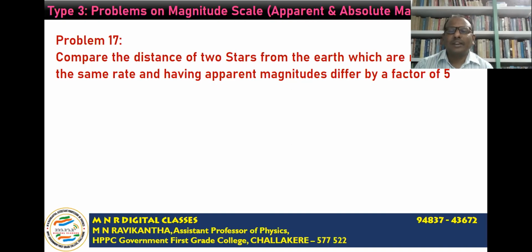That is M2 minus M1 is equal to 5, L1 is equal to L2. We have to find D1 by D2. Use the relation between apparent brightness and distance, and also the relation between apparent brightness and apparent magnitude. By comparing those two relations, we can find the relation between apparent magnitude and distance to solve this problem.